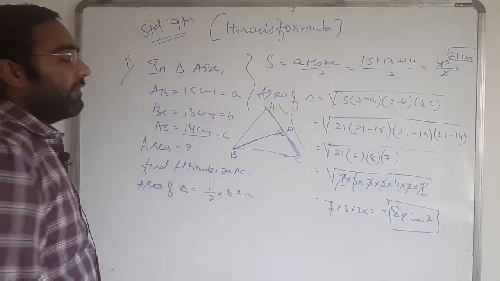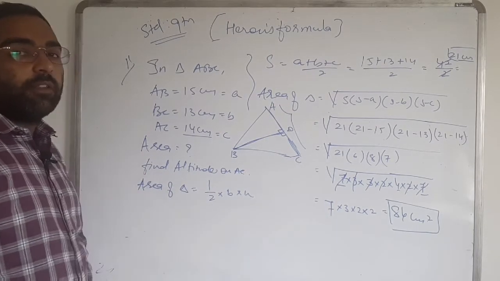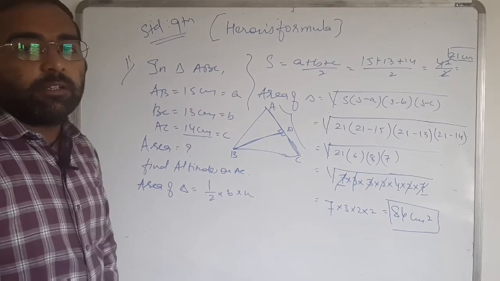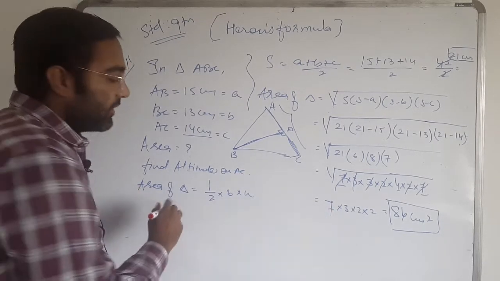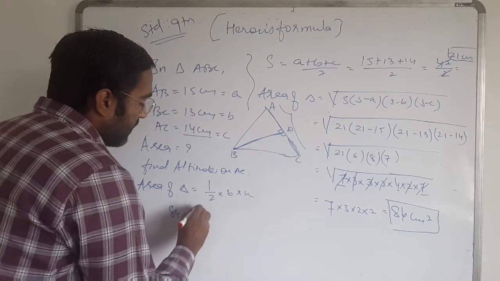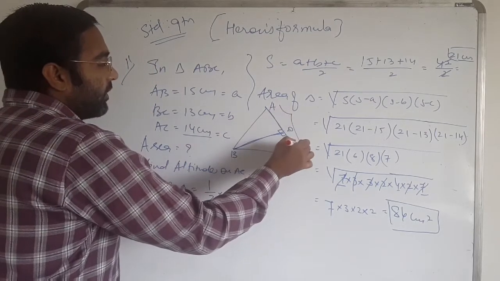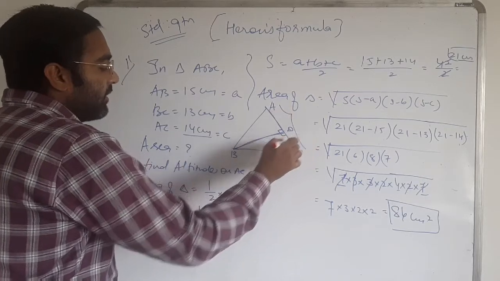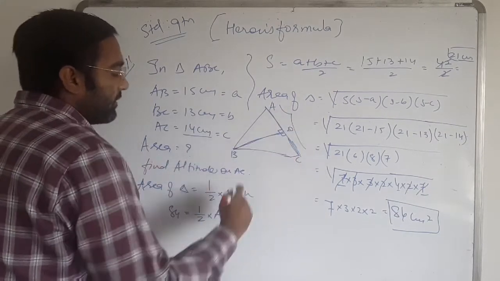Whenever you find the area of a triangle using Heron's formula, or using half base into height, the area remains the same. So the area of the triangle is 84 centimeter squared, equal to half times the base of the triangle, that is AC, into the height of the triangle, that is BD.